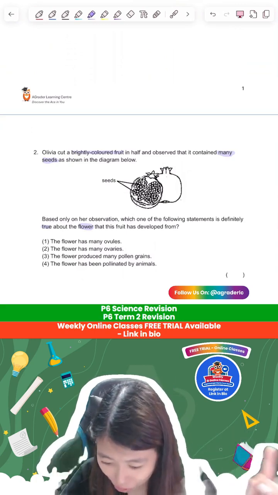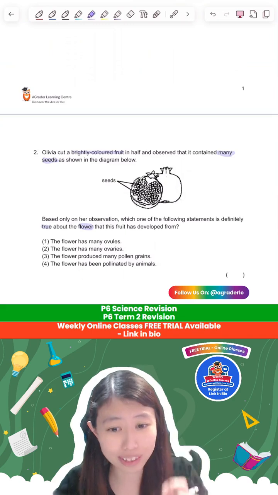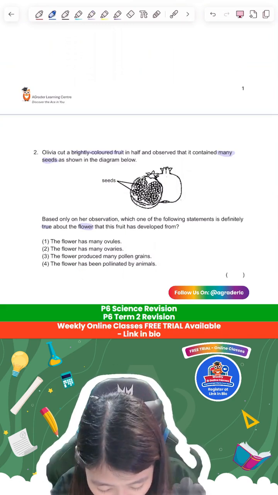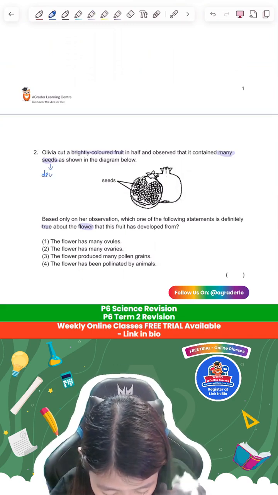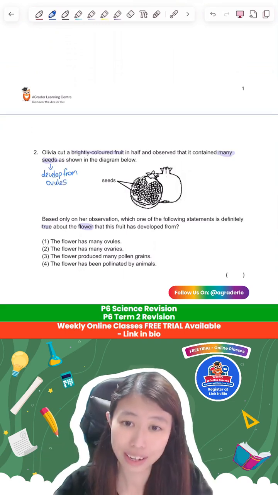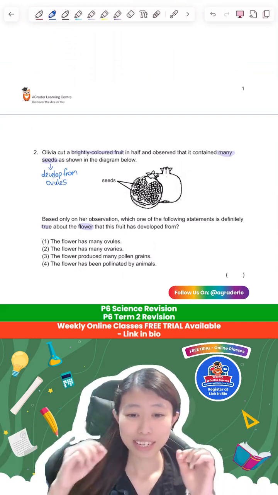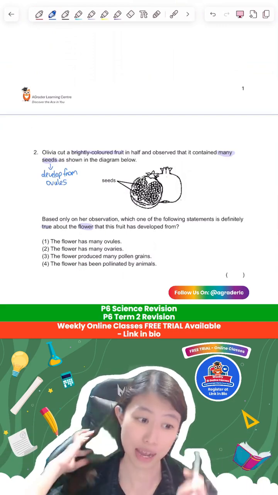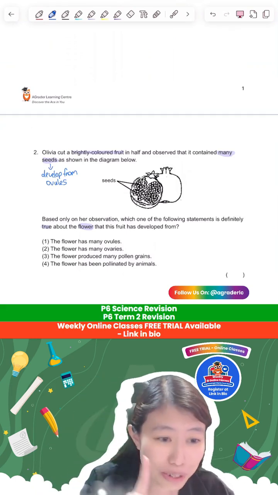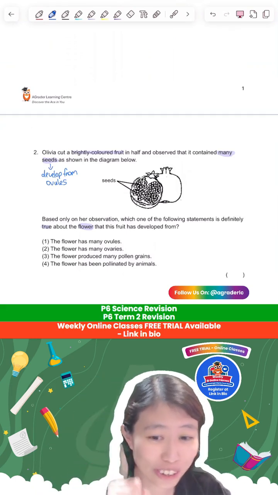Yes, seed develops from ovules. That's the important thing you need to take note of. So if it has many seeds, it means that it will have many ovules. Most of you chose number 1, you got it correct.